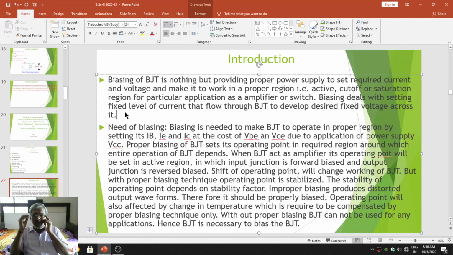But in this particular topic, instead of using two power supplies, only one supply we are going to connect, so that it is going to resolve the entire aspect of biasing the BJT. So this is how we are interested to deal with this particular topic. Let us describe the same.